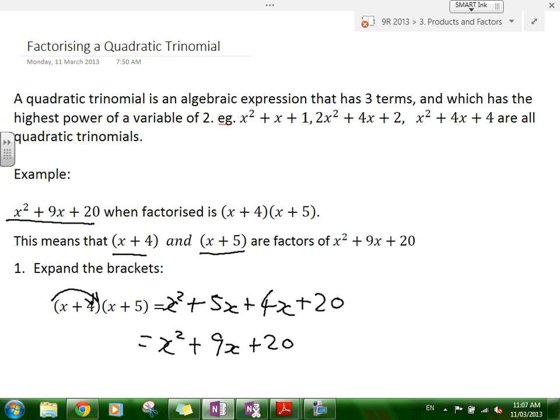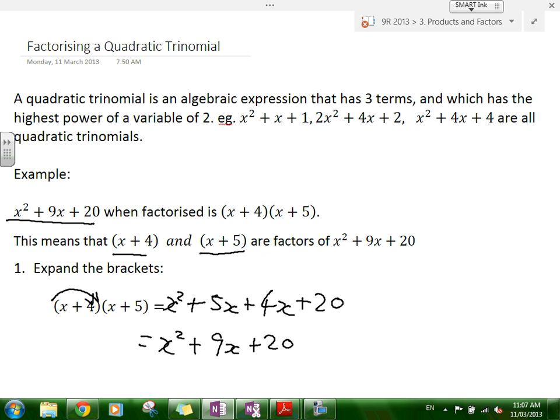What about 20? What do I do to 4 and 5 to get to 20? Emma? Times. So what I have here is this funny relationship: I've got these 2 factors involving a 4 and a 5, and then in my original expression I have a 9, which is 4 plus 5, and a 20, which is 4 times 5.